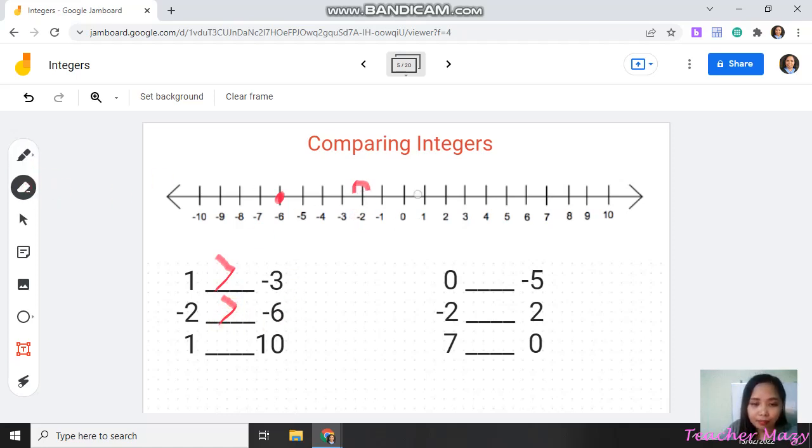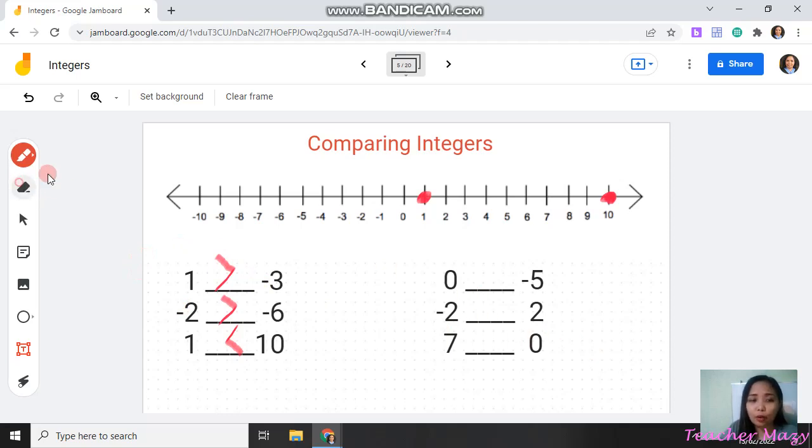Next, we have 1 and 10. Let's locate 1. It is here, and of course 10 is on the right side. Between these two, 10 is on the right side, so 10 is bigger than 1.